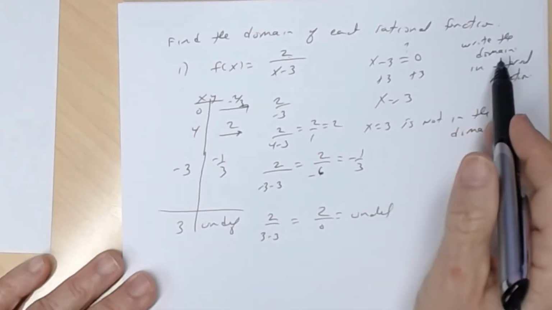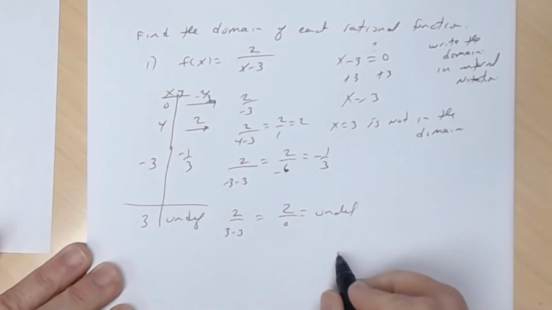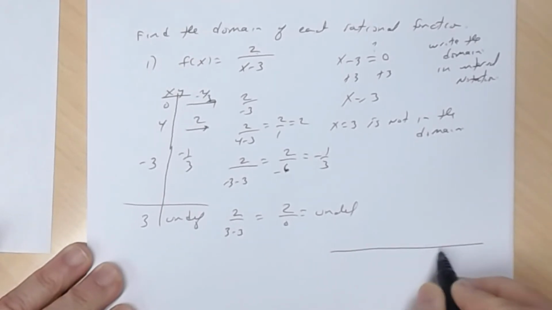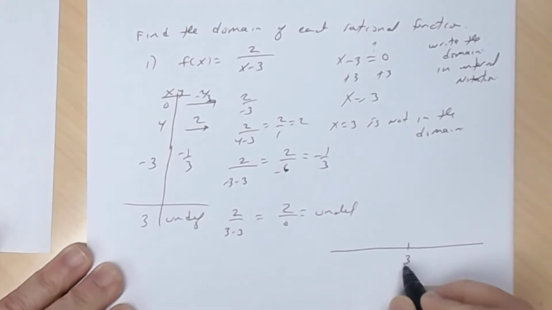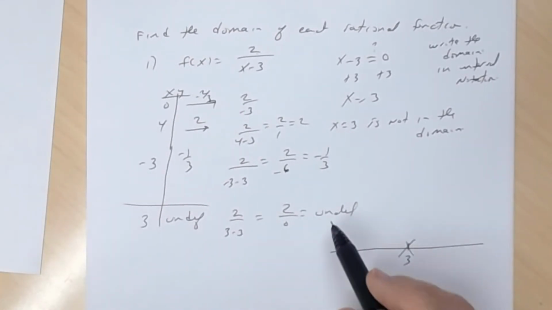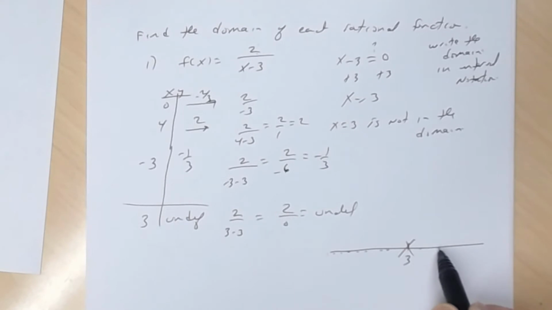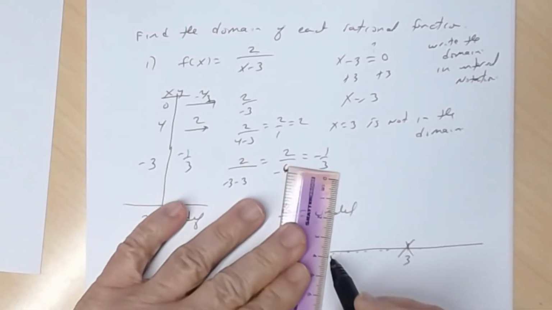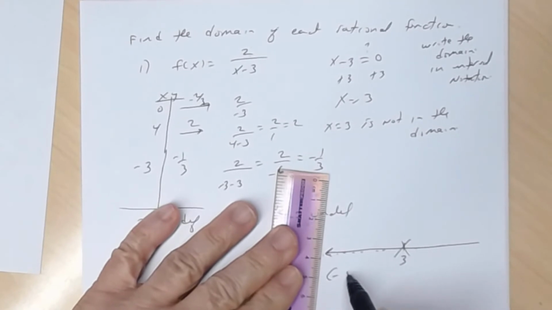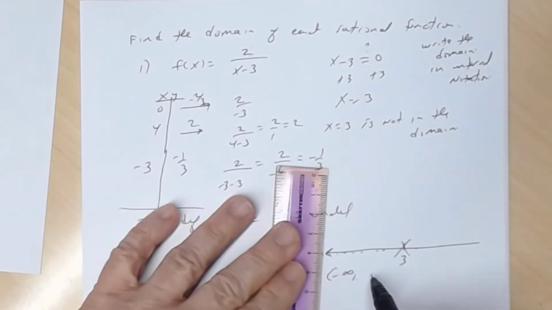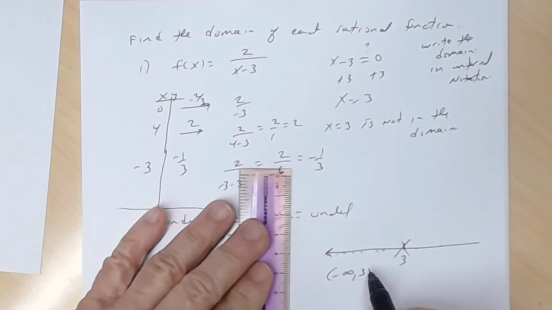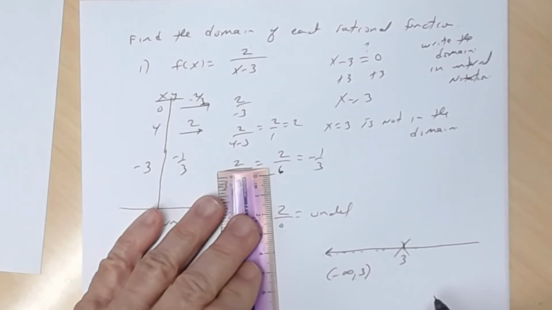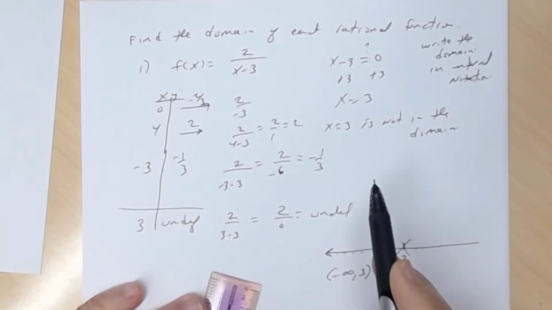Now you want to write this in interval notation, so here's how I would do this. I would draw a number line, put 3, and cross it out because I can't use it. Then I can use every other number except 3. So you're going from negative infinity to 3. Since I can't use 3, I have to use parentheses because 3 is not part of the domain.